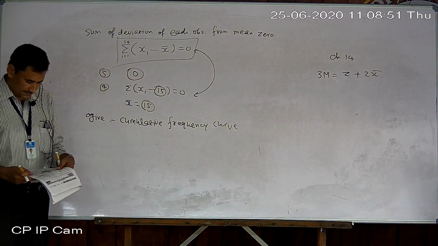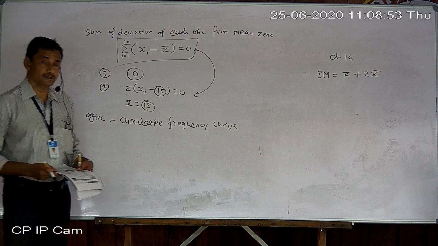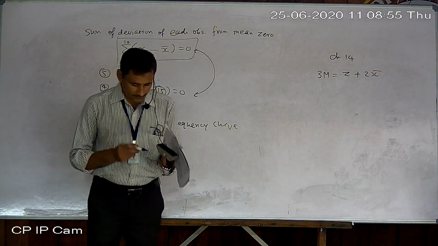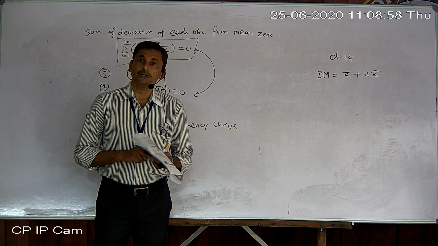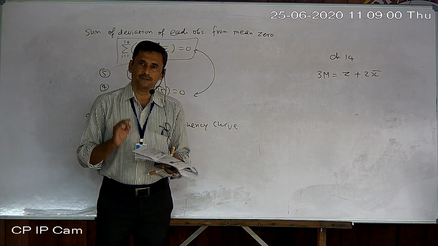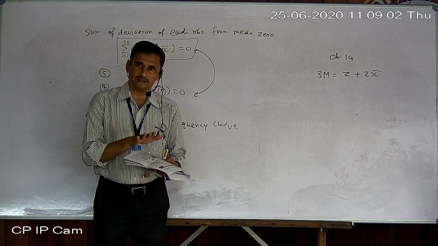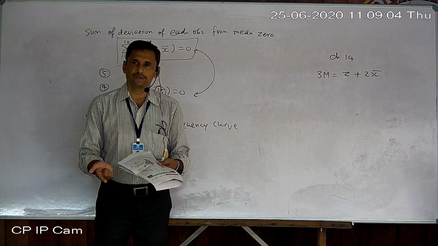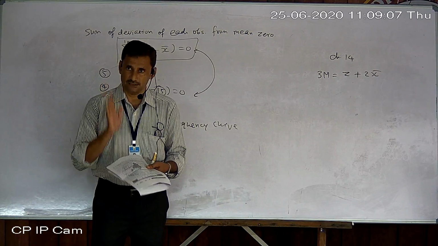What is the difference between discrete and continuous frequency? In the first lecture of this lesson we already discussed. Discrete frequency distribution means no classes are there, and continuous frequency distribution means classes are there. Okay.